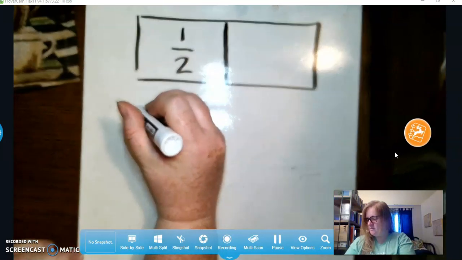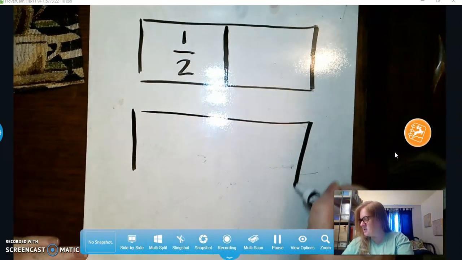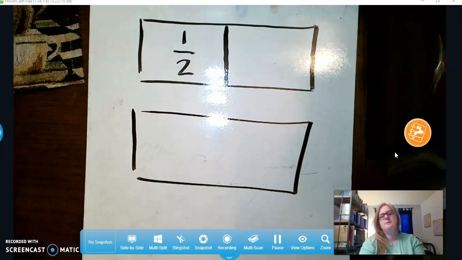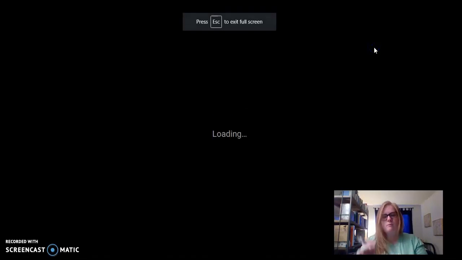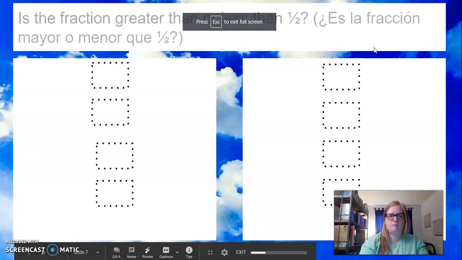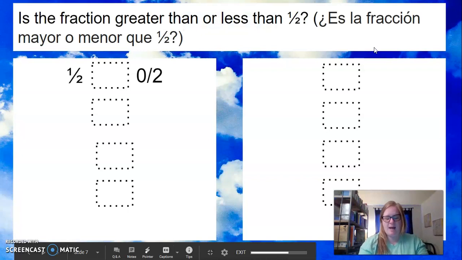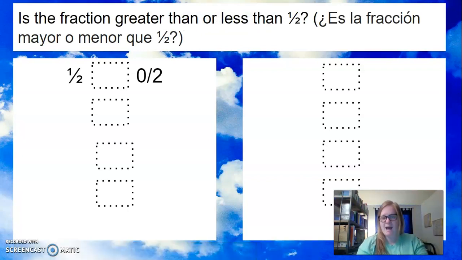So there's 1/2, and then my next fraction that I am actually comparing, let's go back to the screen, is 0 halves. So is 1/2 greater than or equal to or less than 0 halves? So that tells me if I have half of a fraction strip, is that more or less than no halves of a fraction strip?